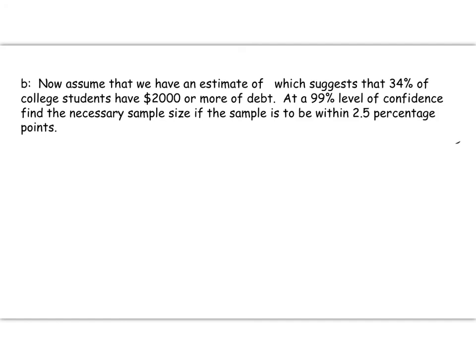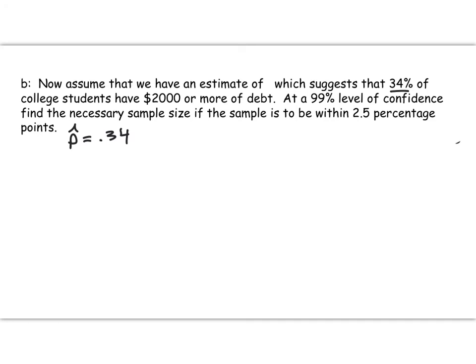Okay. Let's see what happens when we know the point estimate. Now assume we have an estimate which suggests that 34% of college students have $2,000 or more of debt. So our point estimate is 0.34.